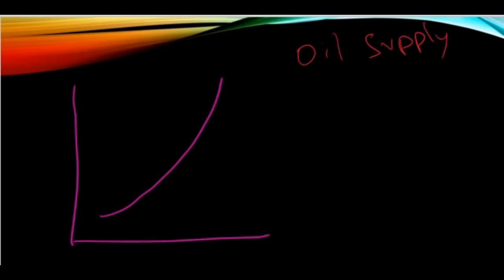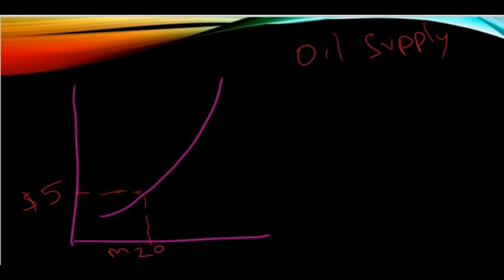So let's say at the rate of $5 per barrel, the quantity supplied may be around 20 million barrels per day.